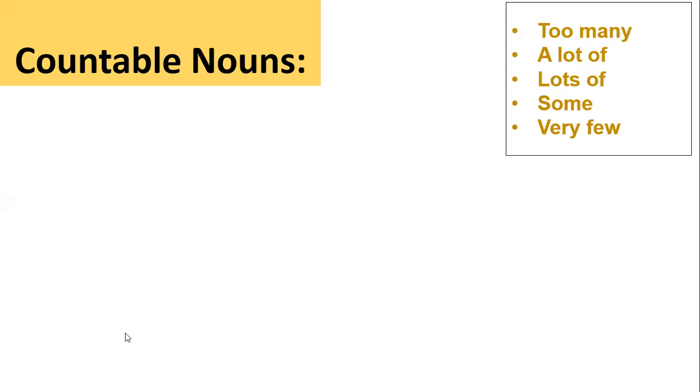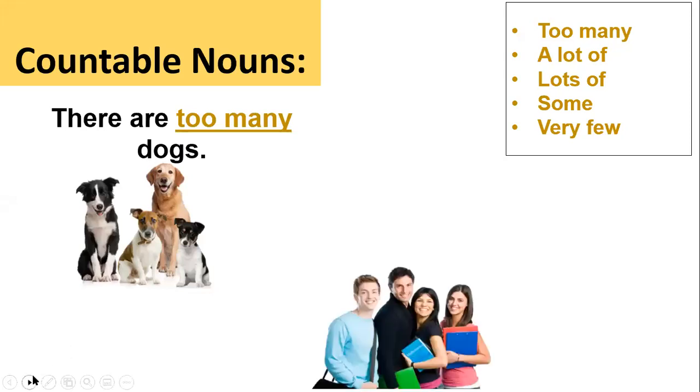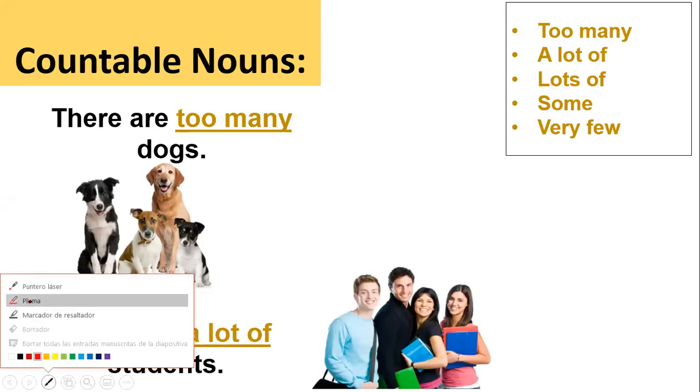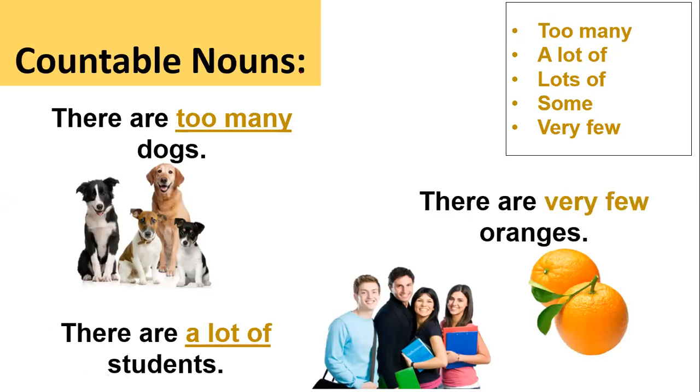So the countable nouns, like for example, dogs, students, oranges, okay? They are the things that I can count, like 1, 2, 3, 4 dogs, 1, 2, 3, 4 students, 1, 2 oranges. They are countable.